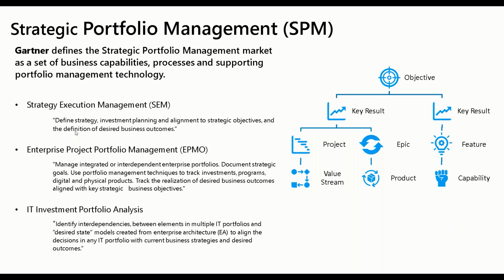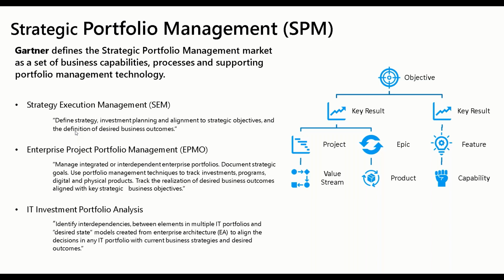The second scenario is the one that probably everybody's familiar with within the portfolio project management space, which is enterprise project portfolio management, or the EPMO. And there we're talking about interrelated, interdependent portfolios, and you're taking the strategy, those OKRs, and breaking it down into initiatives that you're going to be tracking, and the delivery of those initiatives is also included within there.